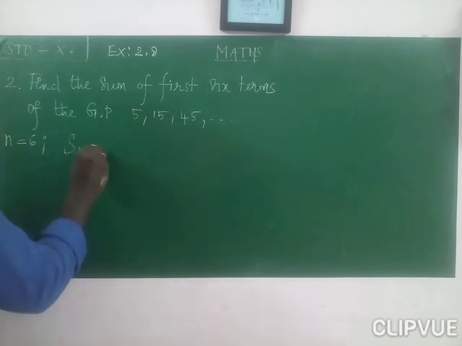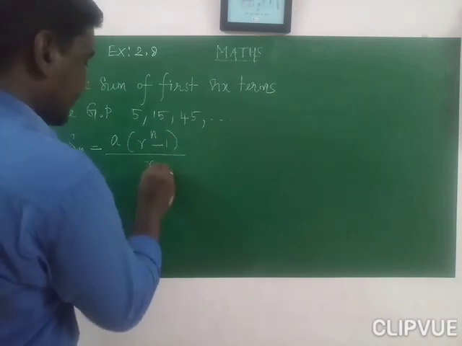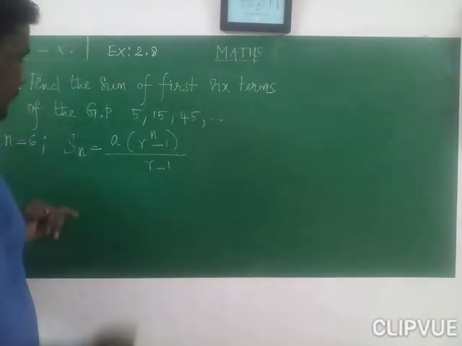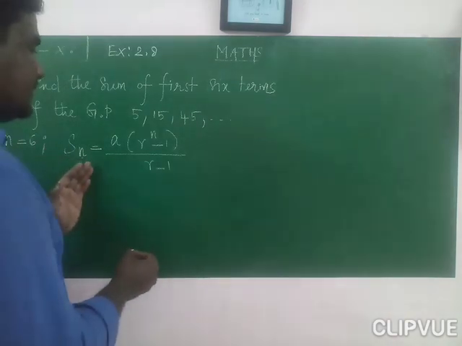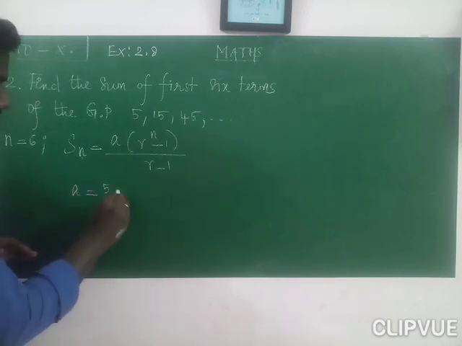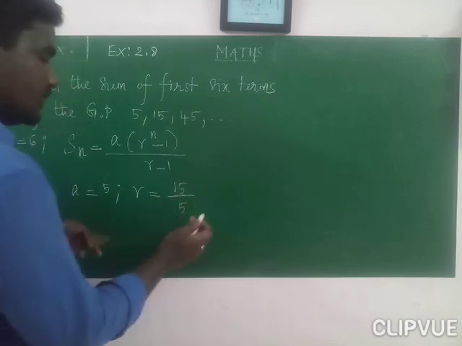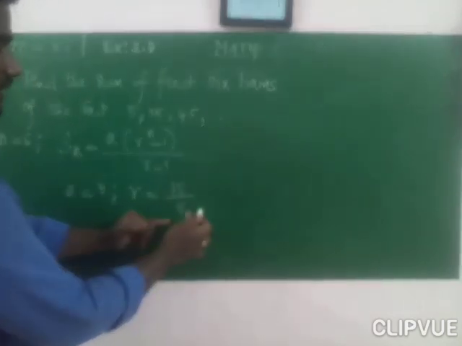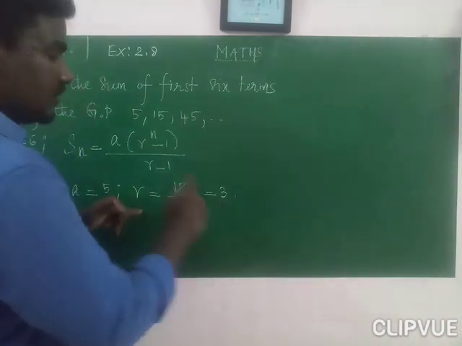We know that Sn equal to A of R power n minus 1 divided by R minus 1. Before finding the value of S6, we must know the value of R. So A is equal to 5, R is equal to 15 by 5, second term divided by first term. If you cancel, you get R is equal to 3.